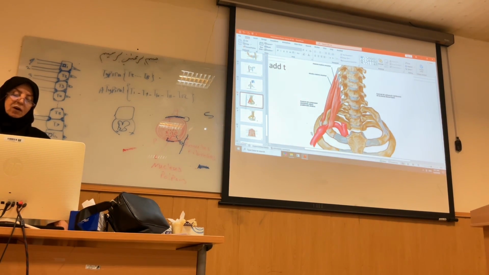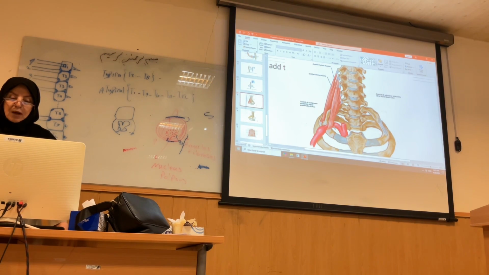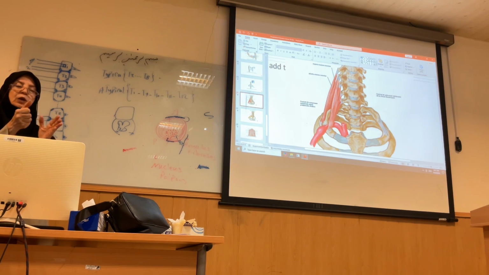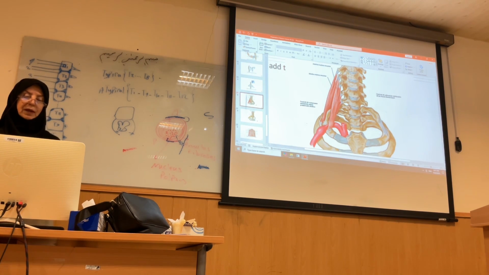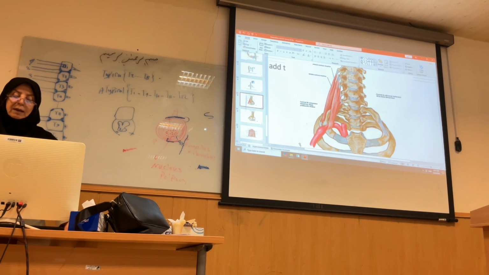The subclavian artery normally passes here. This cervical rib is going to compress the subclavian artery. What happens? It is going to compress the lumen. Okay? So in this patient, you have a problem in blood supply of the right upper limb.